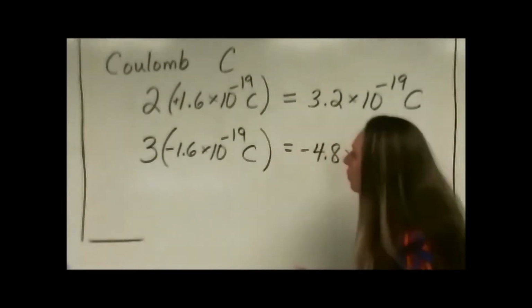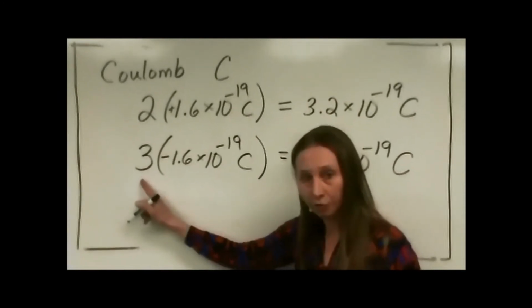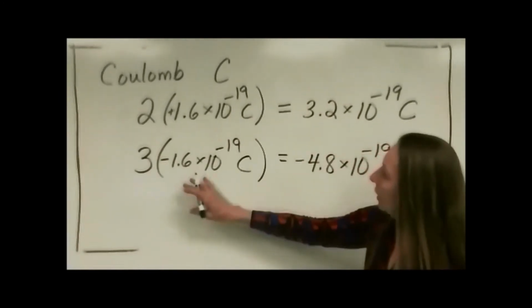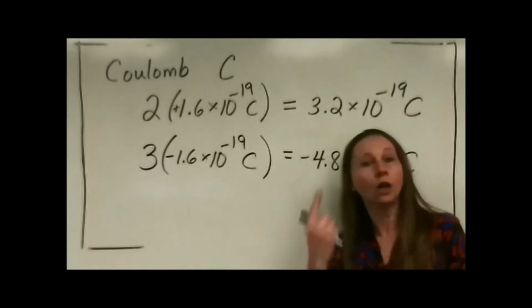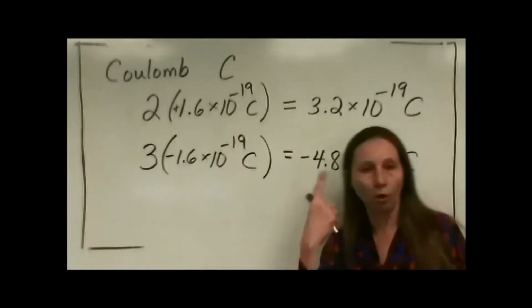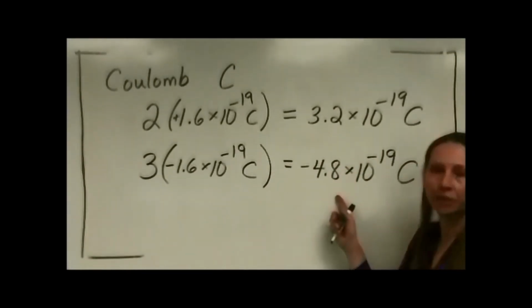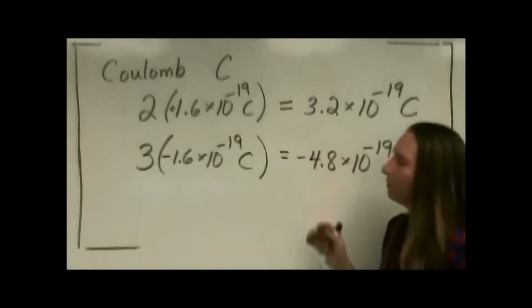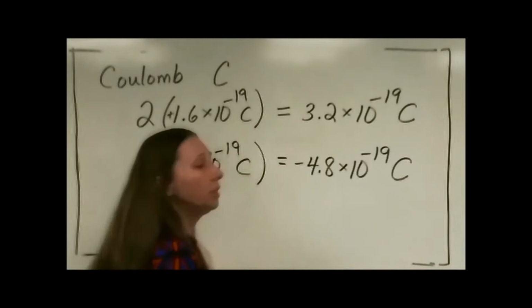So if you take the number of electrons or protons that are extra and multiply by the elementary charge, the charge on 1 proton or 1 electron, you'll find your total excess charge. We can develop this into a little equation that we make up on our own that's very handy.